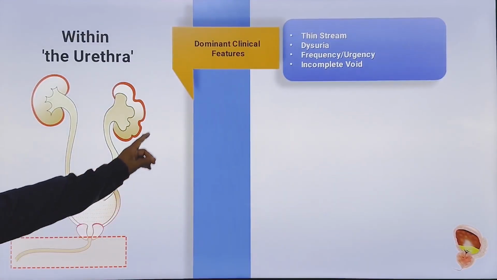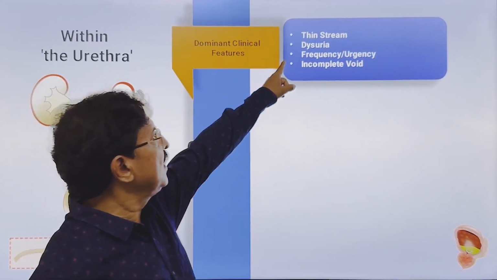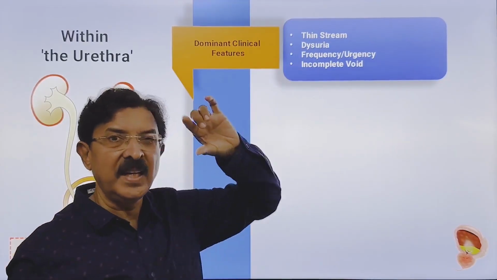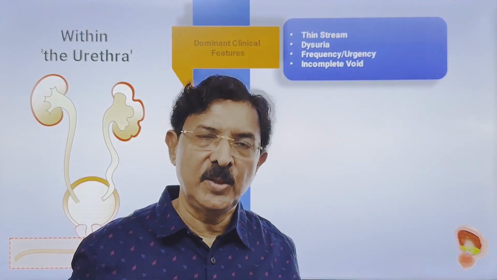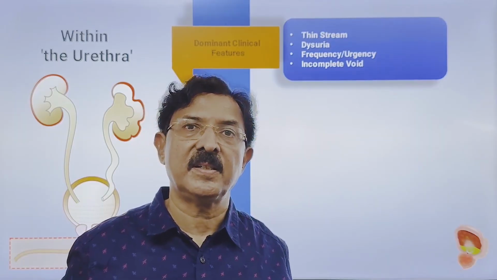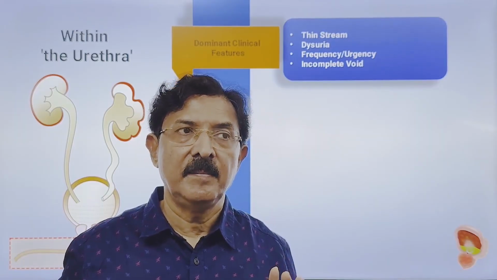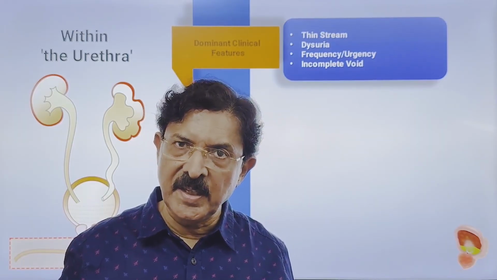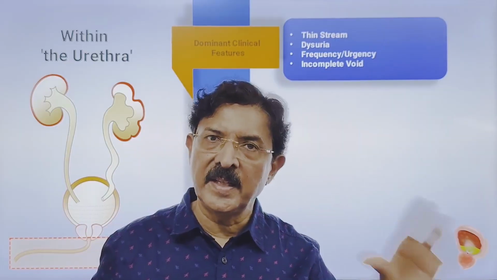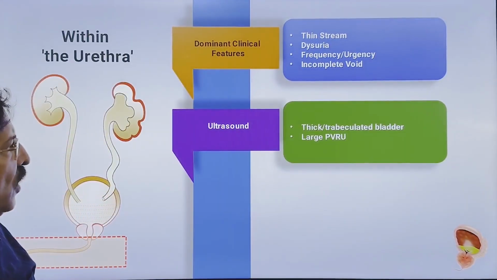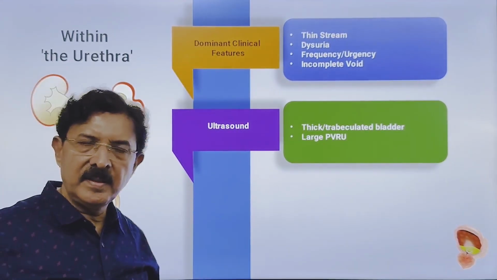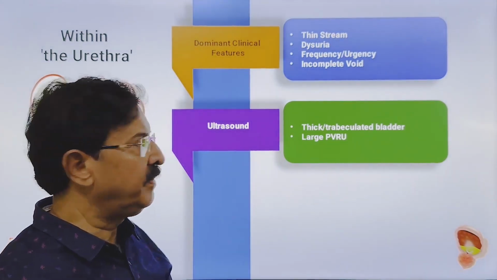You will discover this by the patient complaining of dysuria and thinning of the stream. In a patient of BPH, the urinary stream classically loses projection. The caliber is maintained. But when they develop stricture, in addition to it, the stream becomes thin and thinner. On ultrasound, nothing remarkable except a trabeculated bladder and enlarged PVRU.